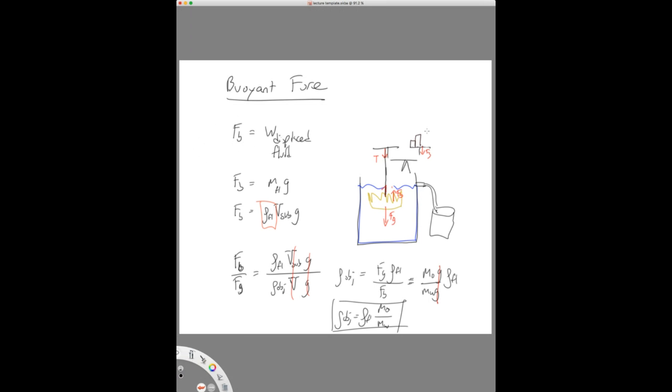That would be, if we go back to this picture, when we don't have the water, we used 86 grams to get a balance. When we have the water, it only takes 73. And so the difference between those two is the mass of the water. That's going to be just 13 grams, according to Archimedes' principle.